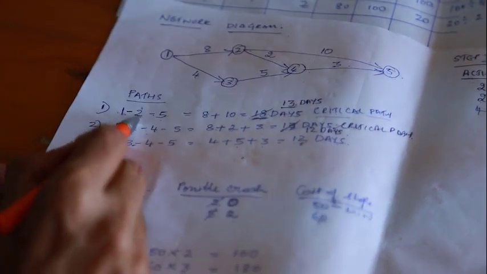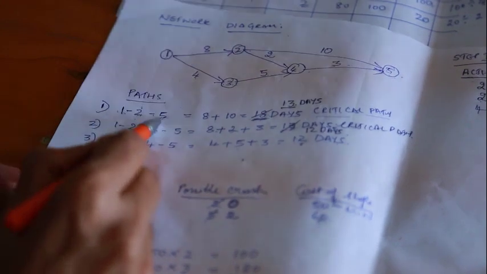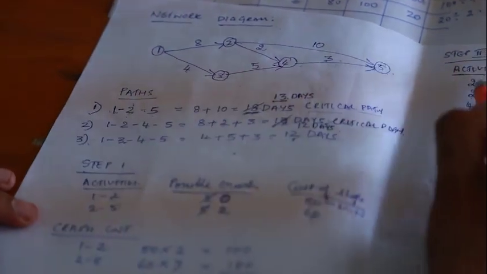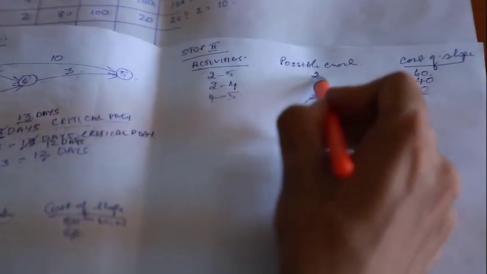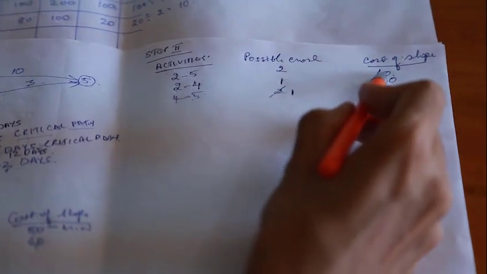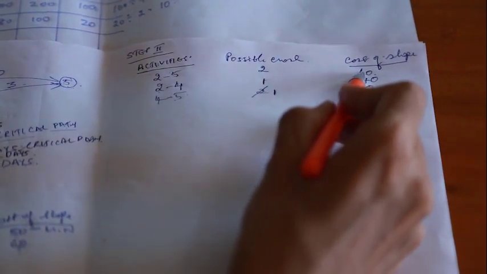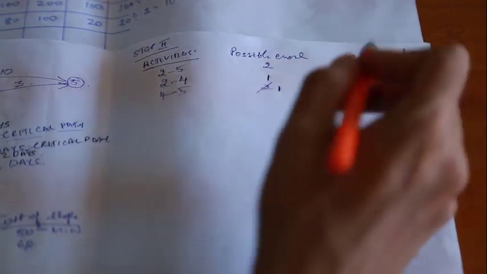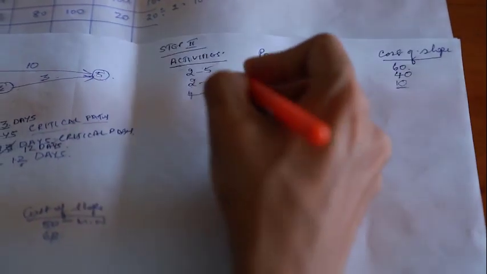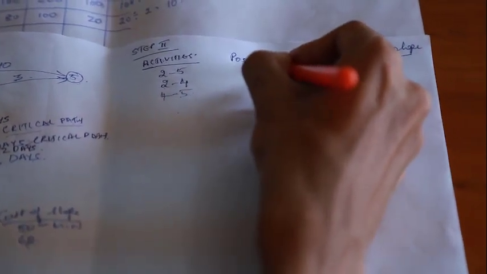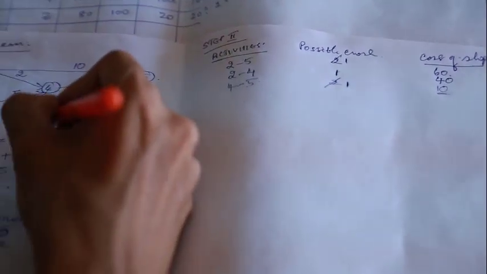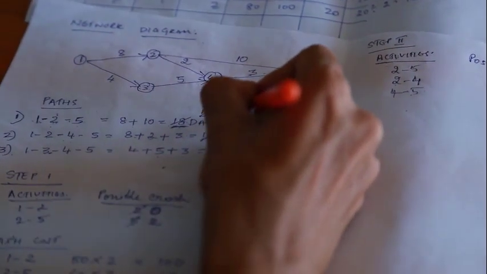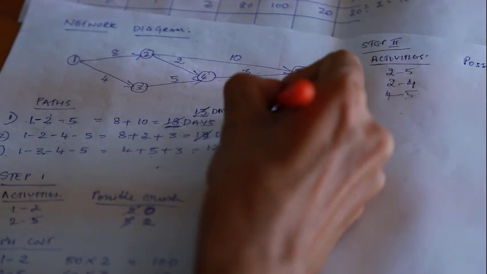And then the next available is 2 to 5, which has got a possible crash of 2 and the cost of slope is 60. Let's crash one activity here. So now it is 12 days.